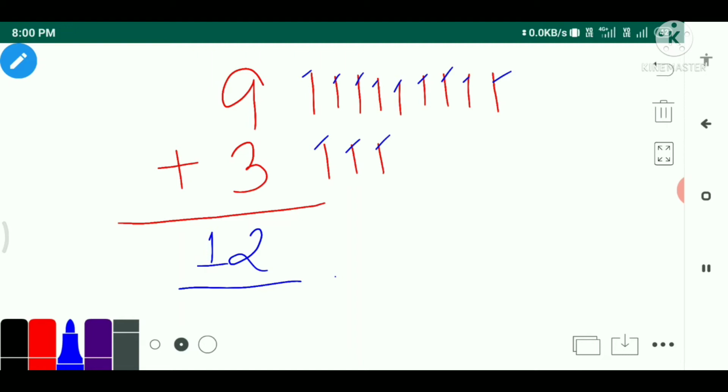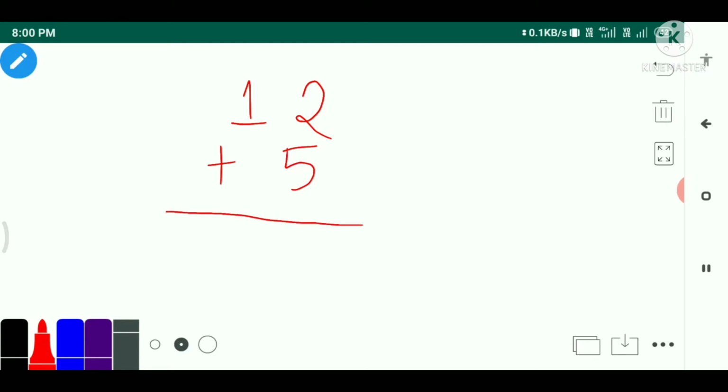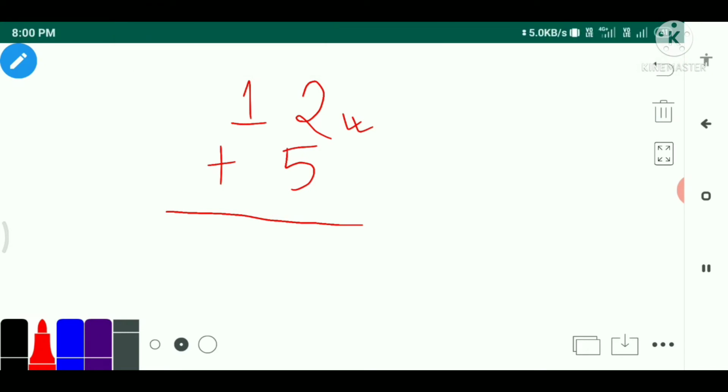Okay. Now let's see the next one. Suppose another number is given, 12 plus 5. Okay. So another method is what? We will count after 12, 5 numbers after 12.